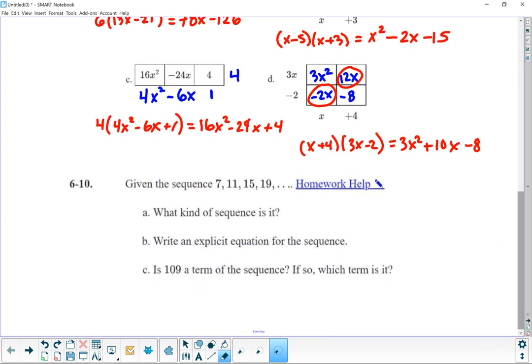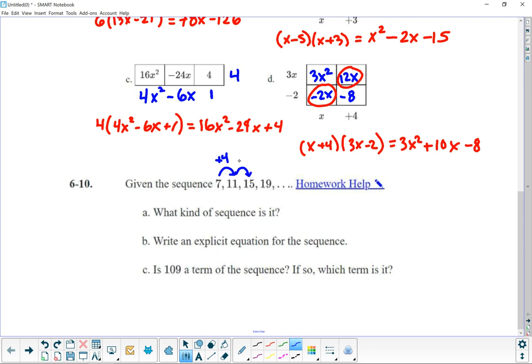Again, you need to pause it or go back. You need to just do that. Okay, given the sequence, what kind of sequence is it? So first, to determine what kind of sequence, we have to figure out what's going on from that first term to the second term. It looks like I'm adding 4. It could be a different pattern, but I'm going to go with the easy one, which is add 4. And then I'm going to figure out, is it the same thing?